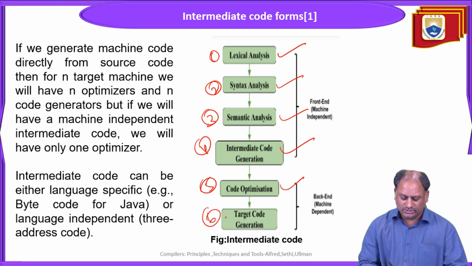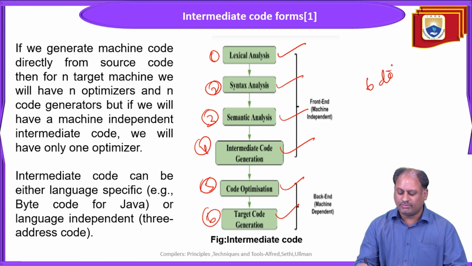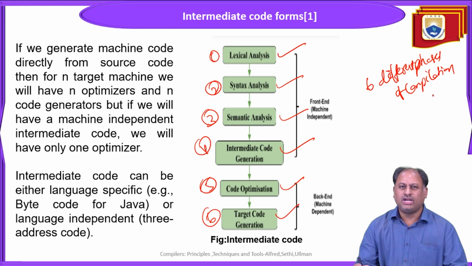And the sixth phase is target code generation. Now there are a total of 6 different phases of the compilation process. So these are called the phases of a compiler.